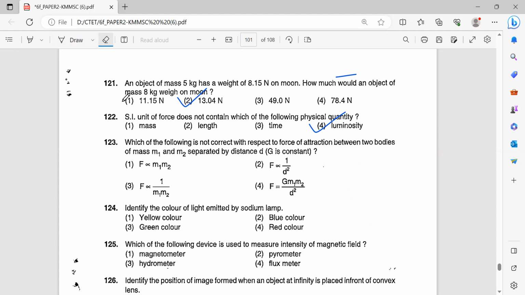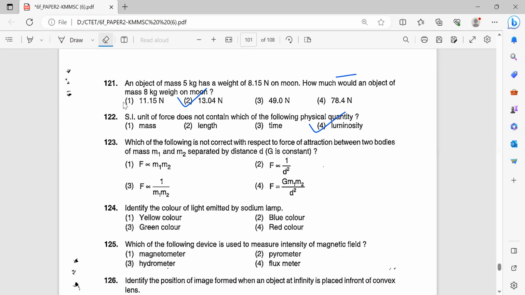Next, 23rd question. Which of the following is not correct with respect to the force of attraction between two bodies of mass m1 and m2 separated by d? G is a constant. This formula we have in 9th or 10th standard, in the chapter called gravitation. They asked which is not correct.